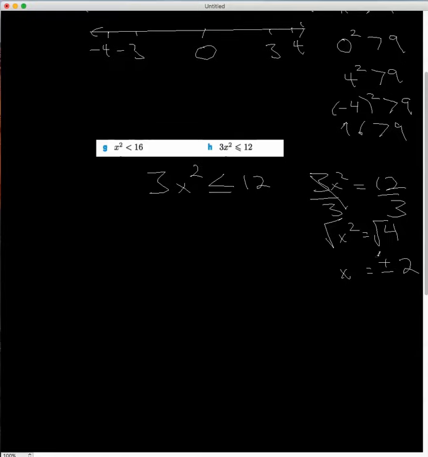So now we know our limits on our number line. So I come here. Let's use a different color. Here's my number line. Draw my arrows, and draw my limit. So I'll put a 0 here, minus 2 here, and a 2 here.